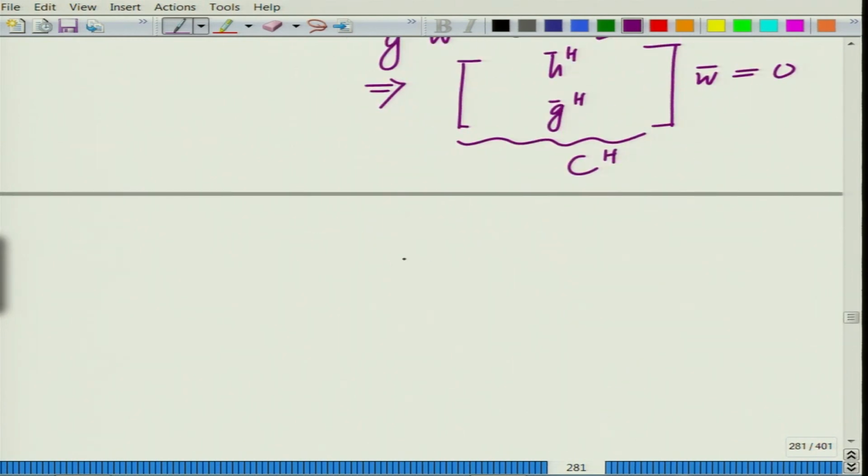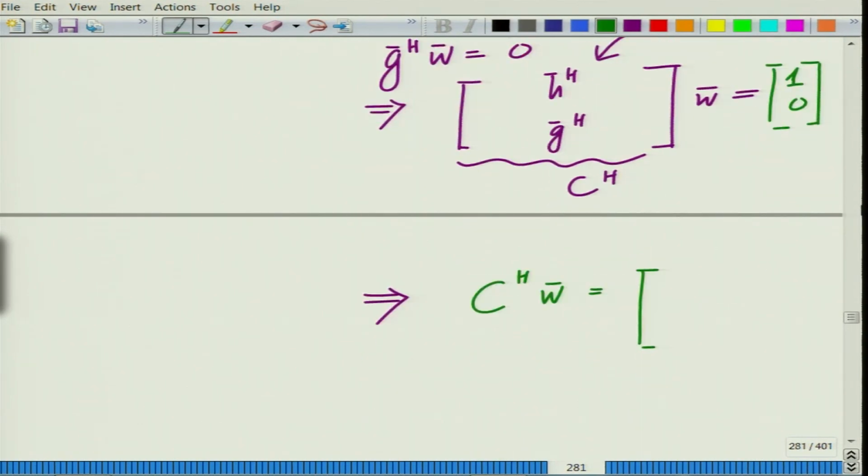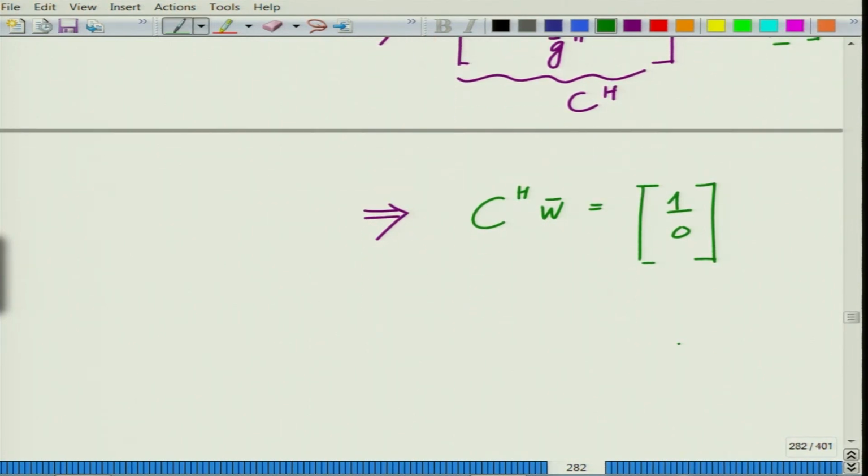So, from these two conditions, you have C Hermitian W bar equal to 1 0, because h bar Hermitian W bar equal to 1, g bar Hermitian W bar equal to 0.